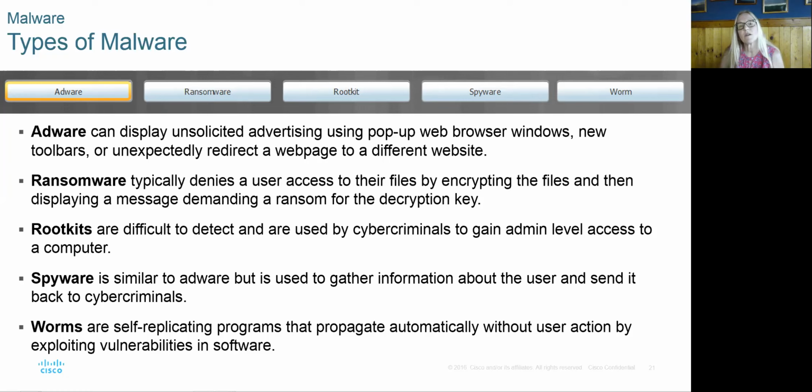Anyway, spyware is designed to watch your browsing habits. So in some cases, it'll capture your keystrokes, so it'll install a keylogger. And then when you put in your username and your password, then that information is being sent to a third party.